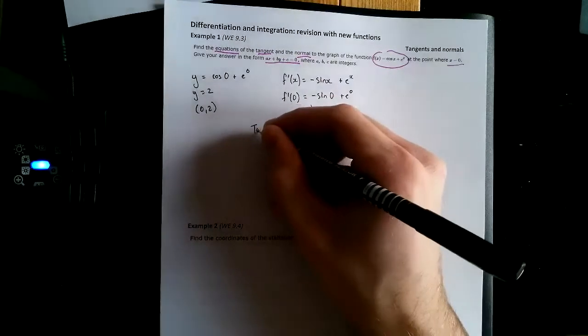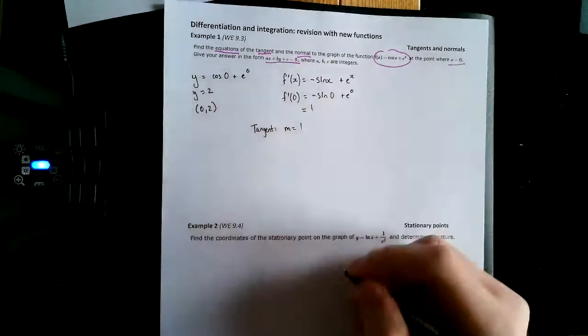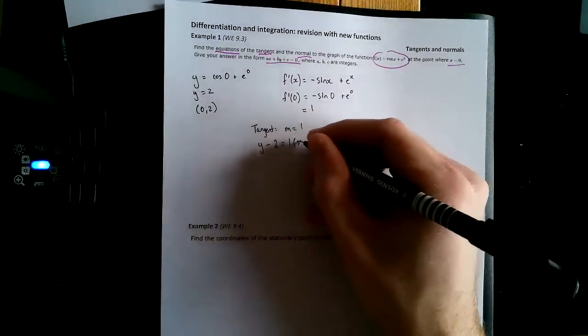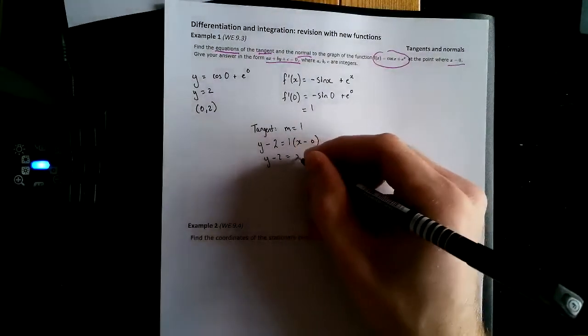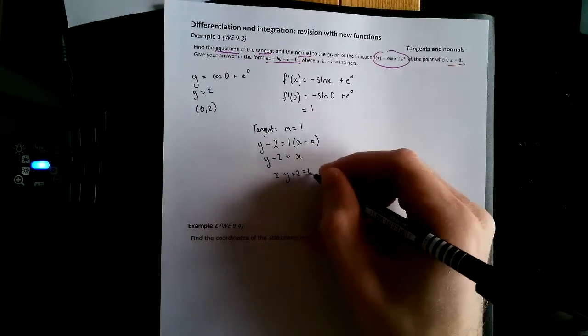So for the tangent, we've got that m is 1. So I do y minus y1 is m times x minus x1. So y minus 2 equals x. So x minus y plus 2 equals 0.